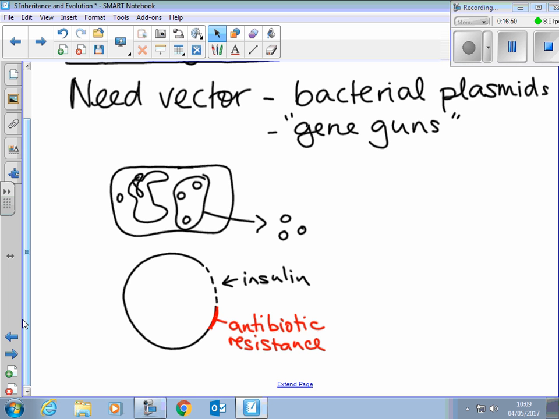It's quite a convenient process there. Where they've labelled tDNA, I think T there stands for transfer, or generally just that bit that's coming from another organism.